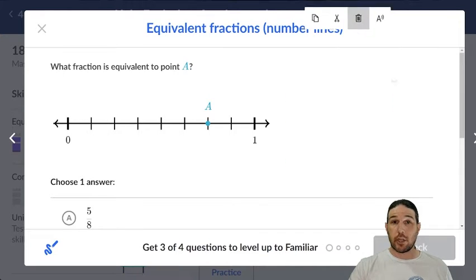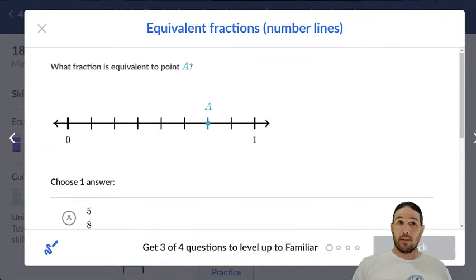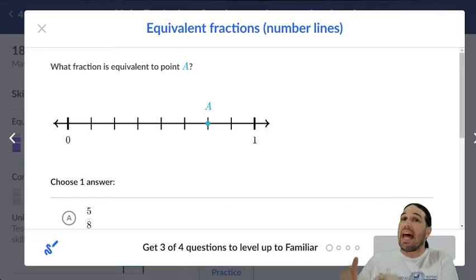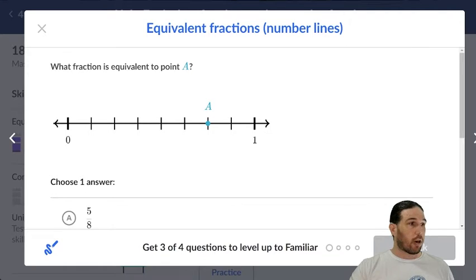A fraction can also represent a certain number of steps to get between 0 and 1. So in this case, there are 1, 2, 3, 4, 5, 6, 7, 8 steps between 0 and 1. So each step is going to take you 1/8 of the way in between.